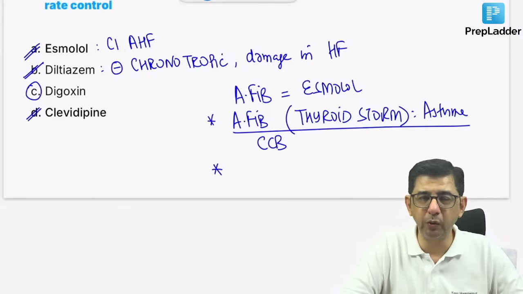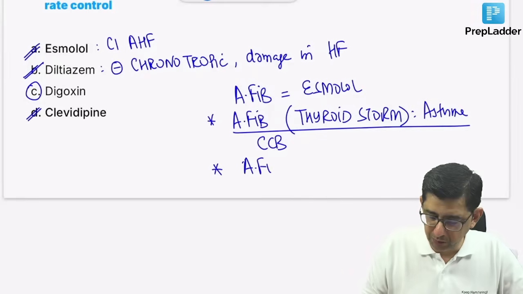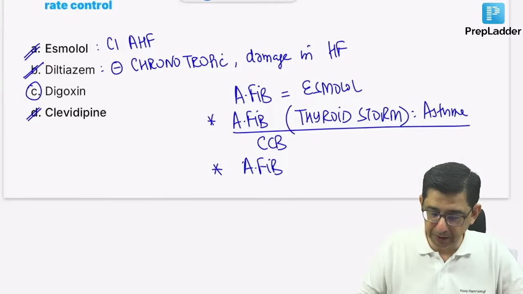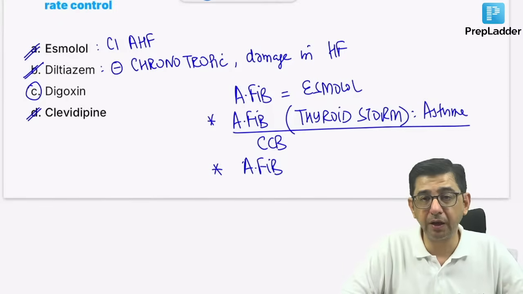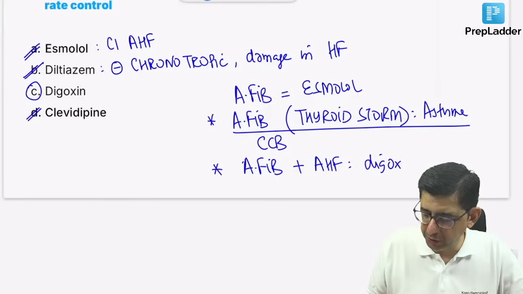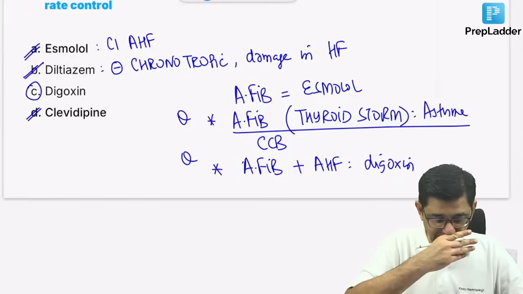That was NEET PG 2023, I think. No, it would not be propranolol, guys. It is a calcium channel blocker that would be given for rate control in that case. And for atrial fibrillation due to acute heart failure, it is digoxin. So two tricks are what they have tried to play in this particular case.